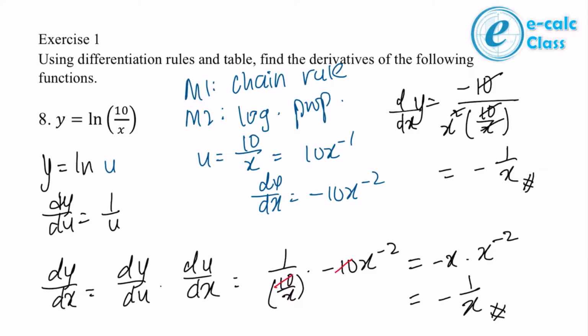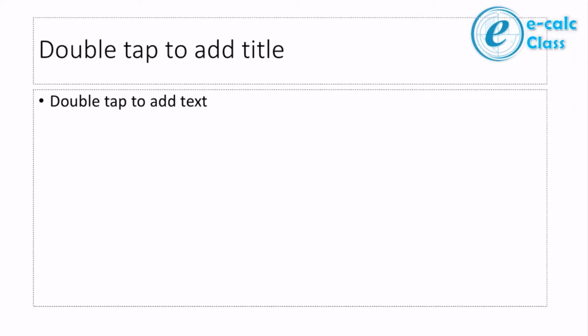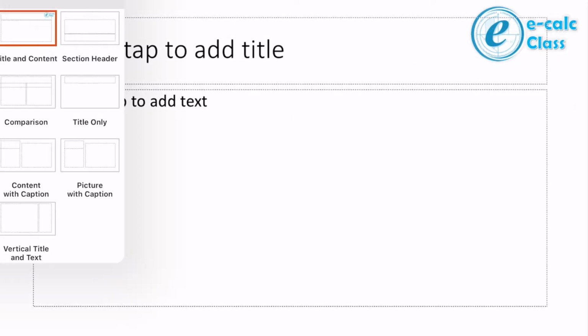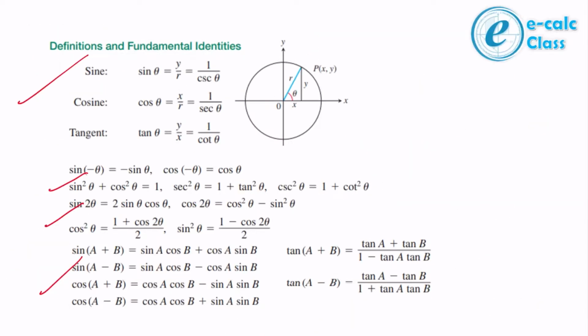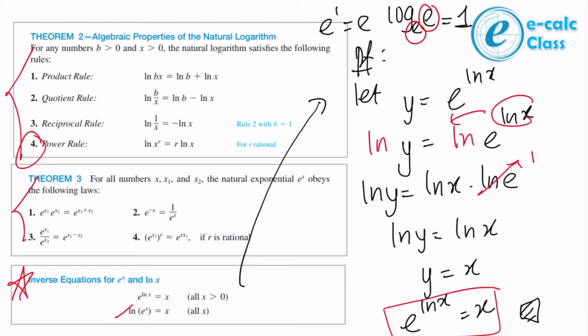Okay, then what about if you want to use the log properties? I'm sure some of you have seen it, right? If I want to use log properties, it means I need to simplify this before I differentiate. So what is this? You can use your quotient rule of logarithms, right?